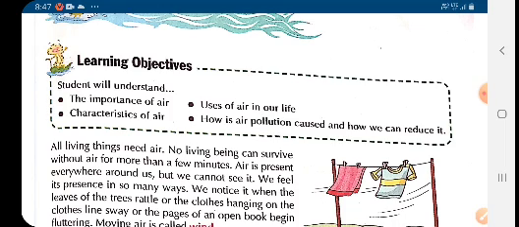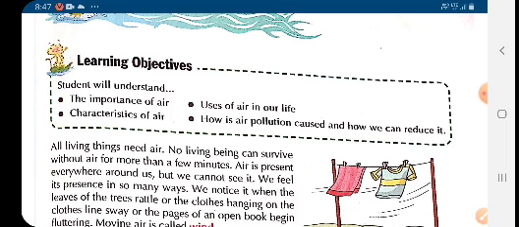So air is very important to us, and it is something which we need to breathe.